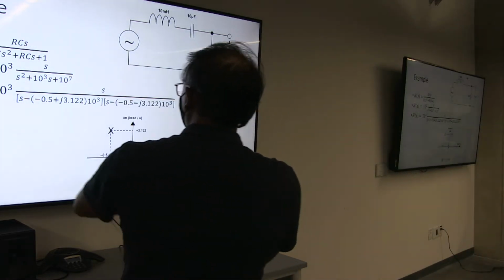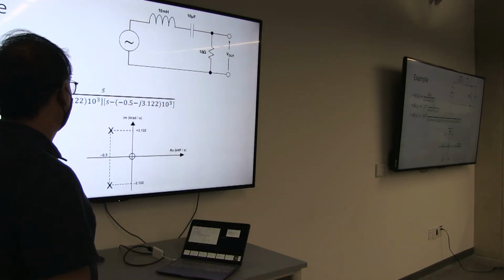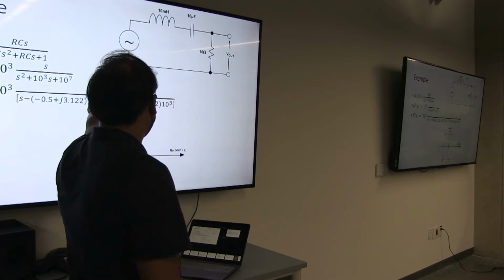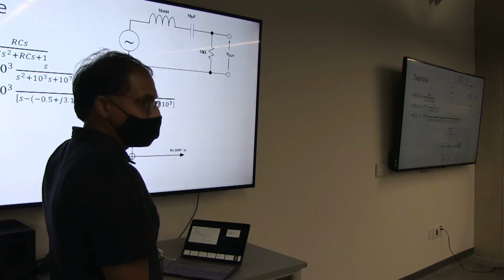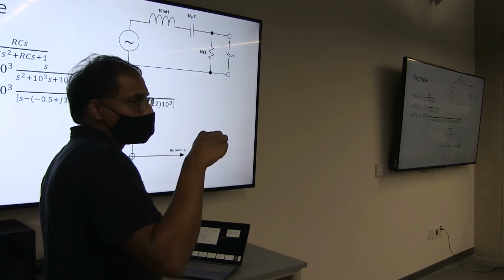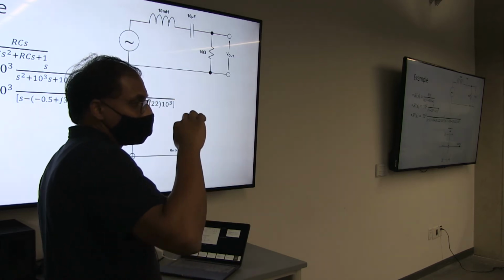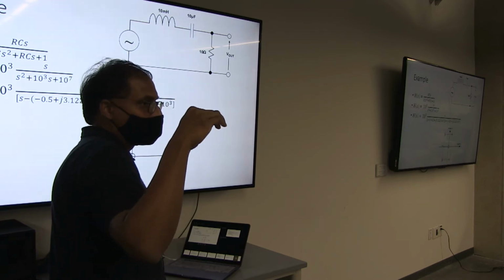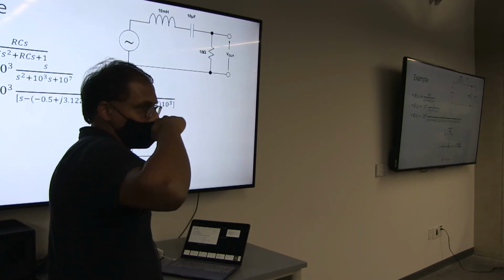Sure. So in the numerator we have s over this denominator. Given that there is only s in the numerator, there is a 0 at origin. We know that wherever there is a 0, there will be a plus 20 dB per decade rise.